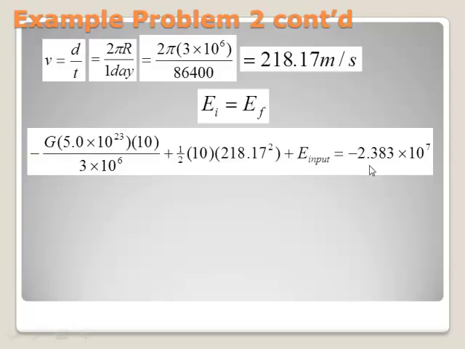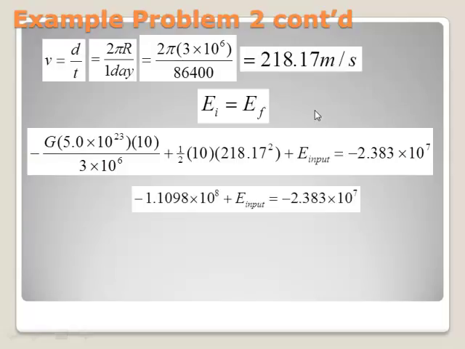And this is the total mechanical energy of the probe when it is in orbit. So we can just go ahead and solve that for E input. We get that the input energy, so the energy we need to give to the probe somehow in order to get it to orbit, is 8.715 times 10 to the 7 joules.